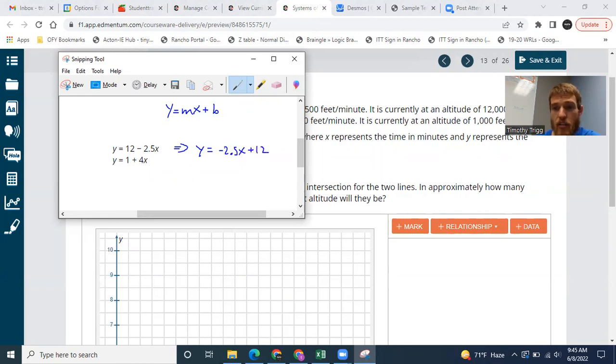Notice the negative sticks on the 2.5x. Now we can see that the slope, or our m, is negative 2.5, and our y-intercept is 12. When I put it in this form, it's perhaps a little bit easier to see what's happening and what we're to expect from the equation. Similarly, I could write this equation as y equals 4x plus 1. Now we can see our m, our slope, is 4, and our y-intercept is 1.